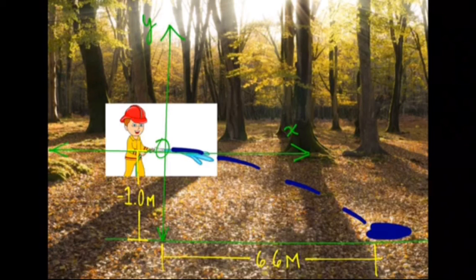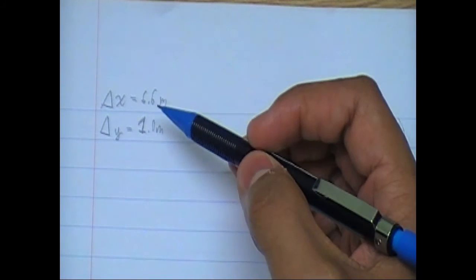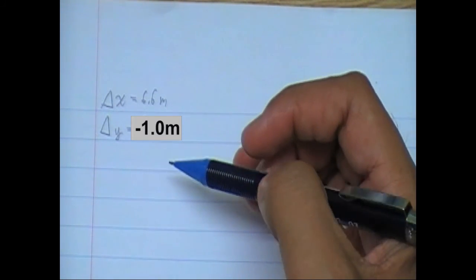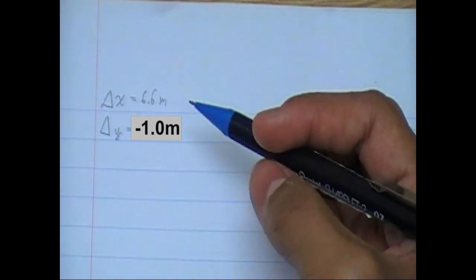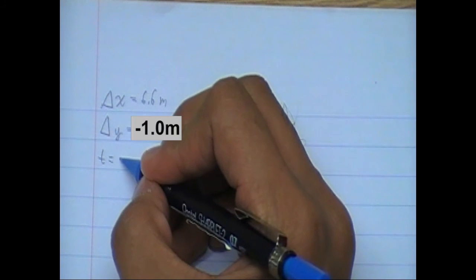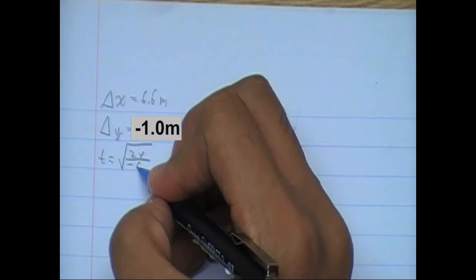With this data, we can calculate the time and velocity using a derivative of our kinematics equation. We concluded the change in the x direction is 6.6 meters and the change in the y direction is 1.0 meters. The formula that we derived for time is t equals the square root of 2y over negative g.